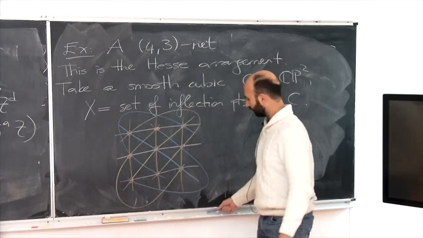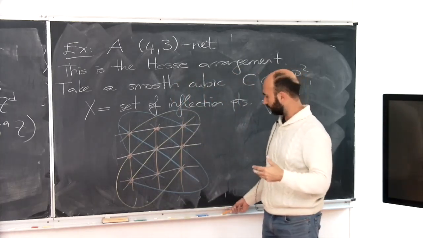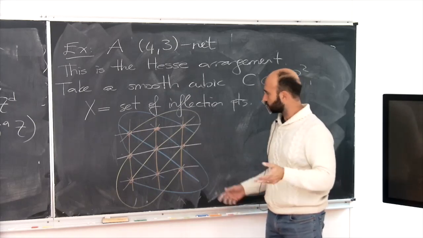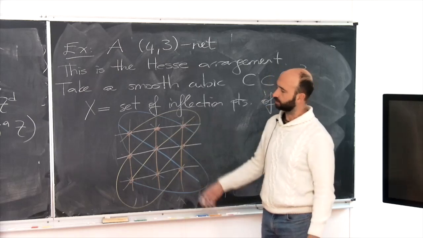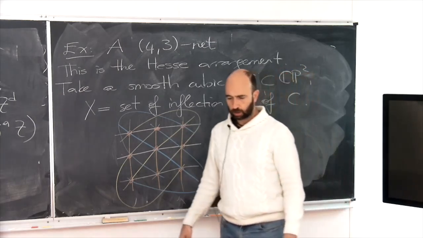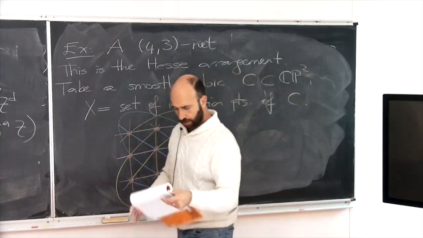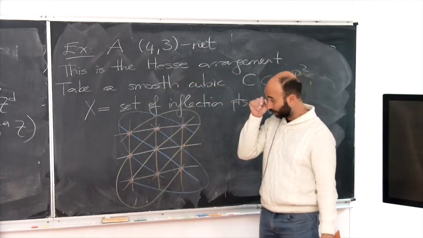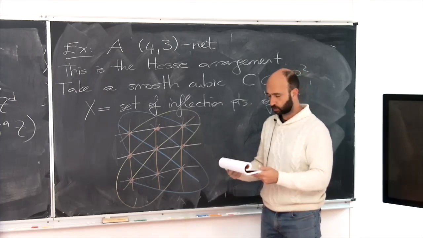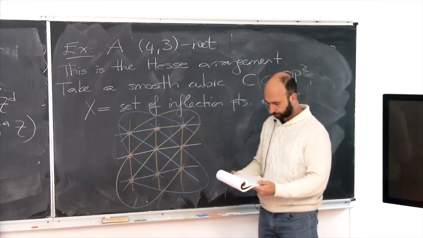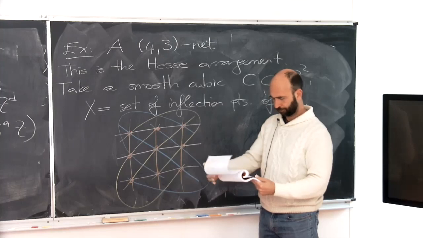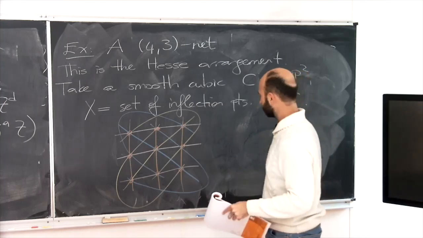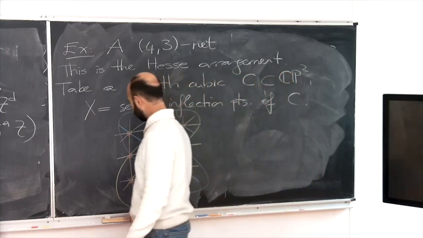So this is, by the initial combinatorial definition of a net, if you don't want to think about the pencil a priori, a 4-3 net. Okay, and as I mentioned, this is rather special. It is unique up to projective equivalence. That's well known. Okay, now let's try to look at some higher values of m.